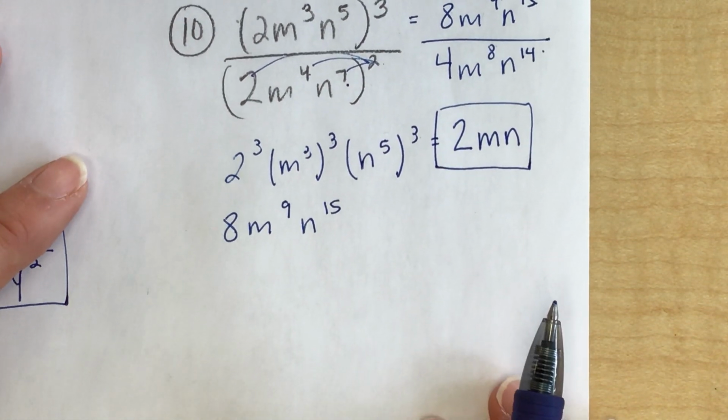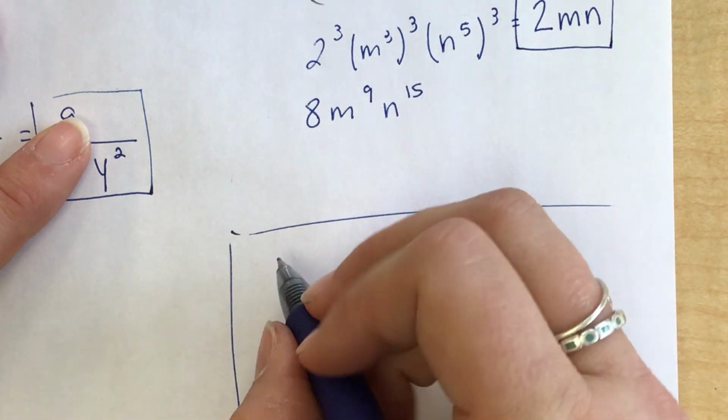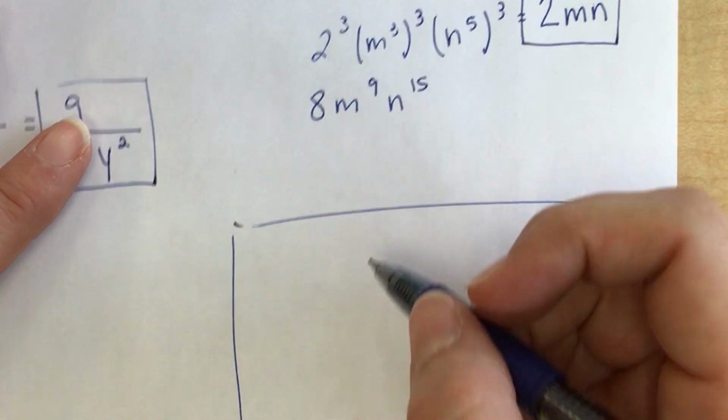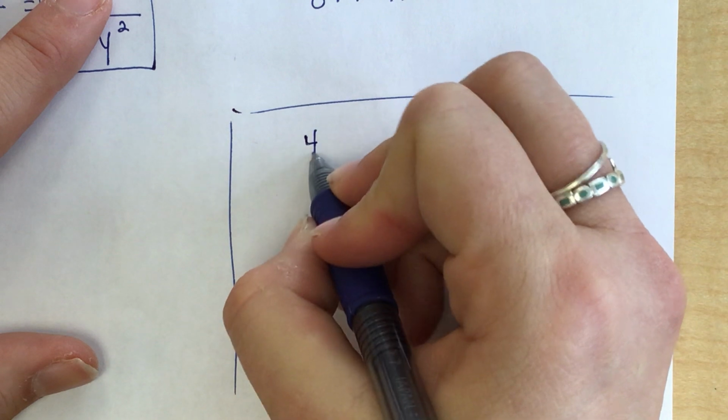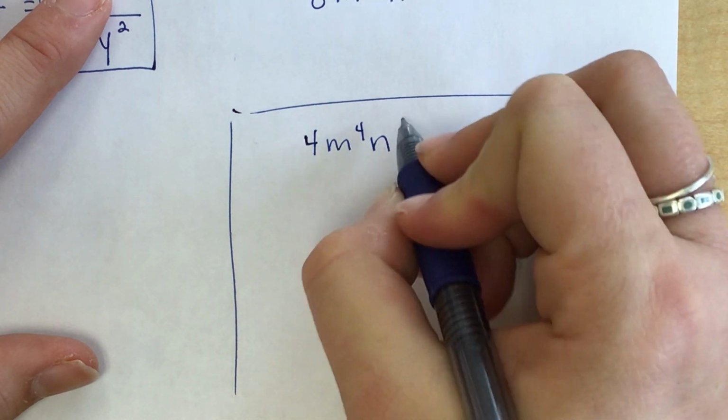Okay, so let's look at something else. This is not a problem, but I just want to give an example really quick. So if you had a problem and we simplified it and it simplified down to this. I'm just going to kind of reverse what we just had there a little bit.